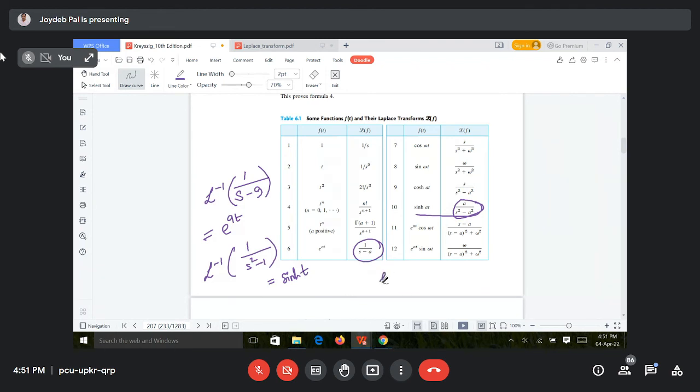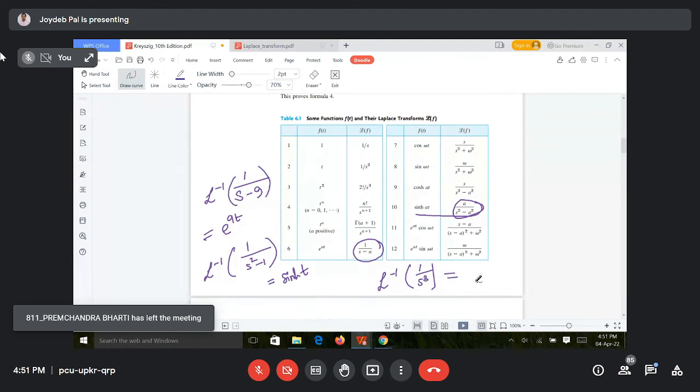Now can you tell me what is the Laplace inverse of 1 by s cube? t to the power n, s to the power 3, 1 by s cube, I am telling.